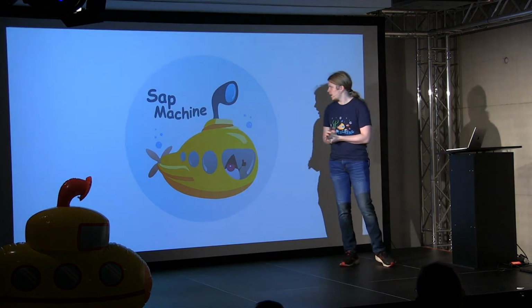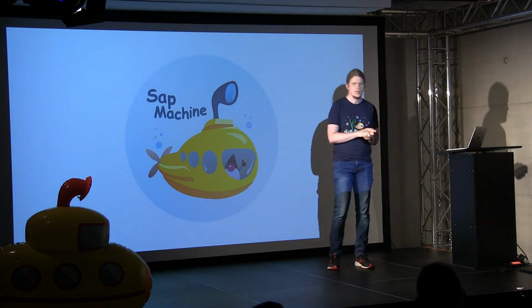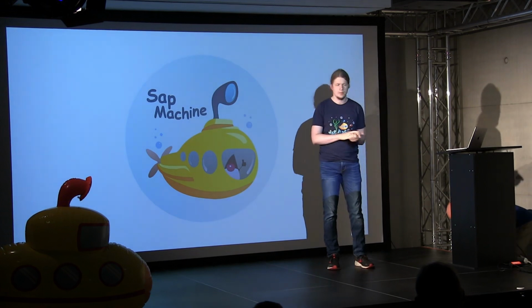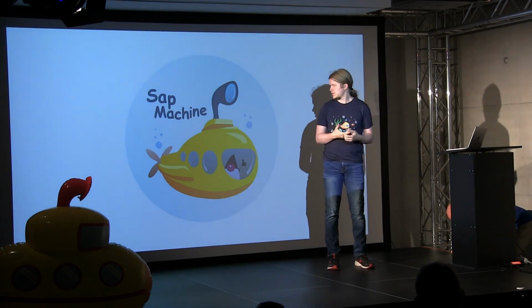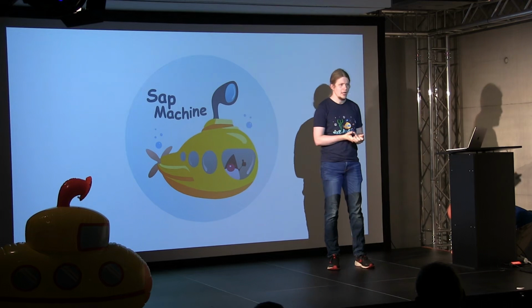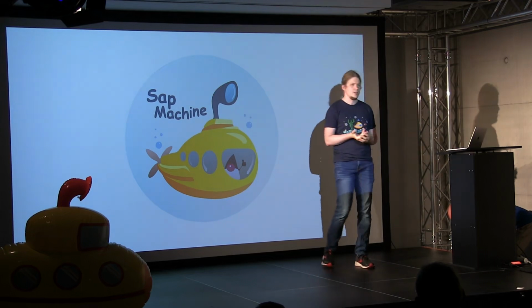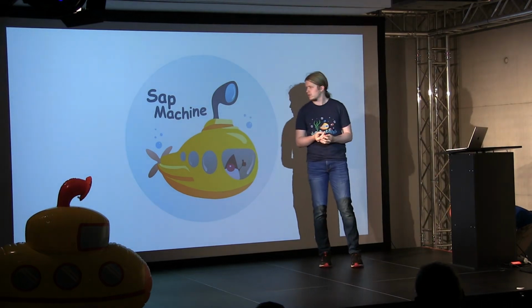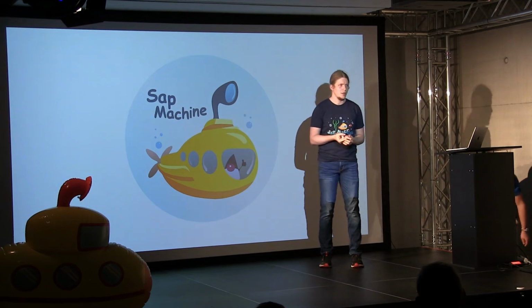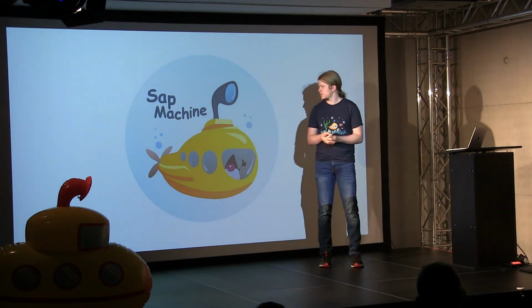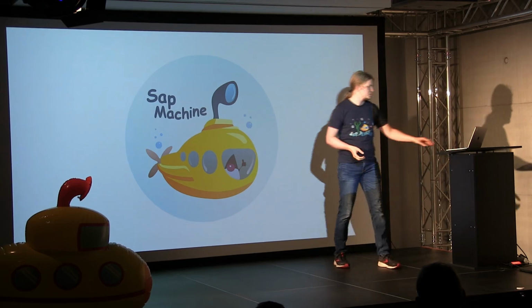So who am I first? I'm Johannes Bechberger. I work in the SapMachine team with several other colleagues doing work on the OpenJDK. We, for example, do the updates for the OpenJDK 17 project. I started there in January this year, and since then I worked on different projects.